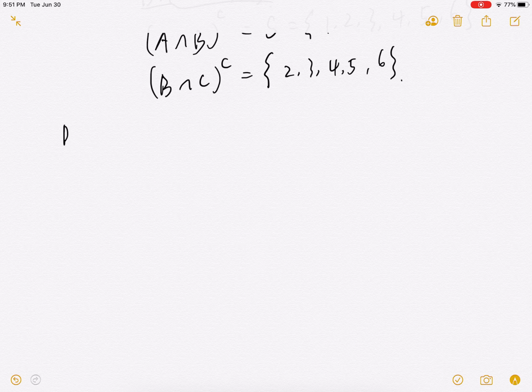Next, definition. Let phi denote the non-event.